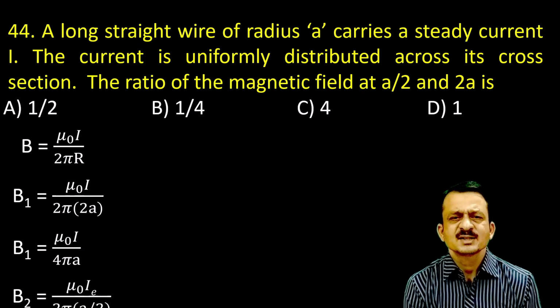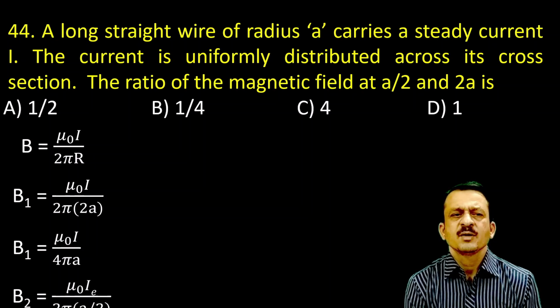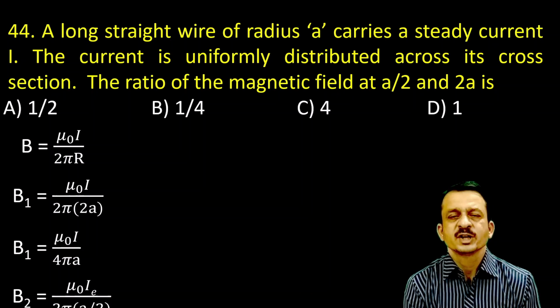Now for the second case, formula is mu naught IE, current enclosed here. In the previous case, at the outside point, if you draw an Amperian loop, it encloses the entire current flowing through the wire. But in the second case, the point is inside. If you draw an Amperian loop, it encloses only a small portion of the current.